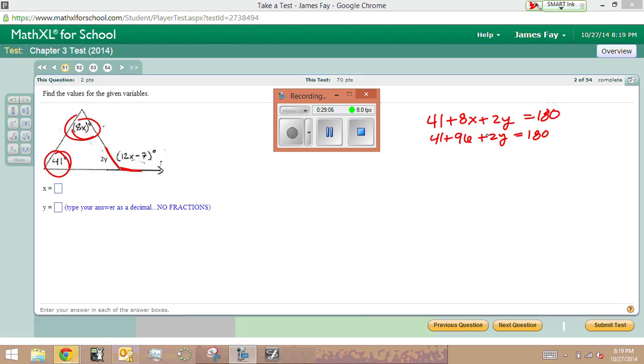I'll go ahead and add these together, so we get 137 plus 2y equals 180. I'll subtract, and 2y is equal to 43. So divide by 2, and y equals 21.5. So this was 12 and 21.5.